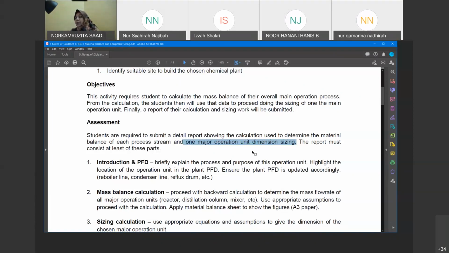Therefore, you introduce the recycle stream, so that most of the product that you're going to recover will be recycled back in the column. Or you can have a reflux. That is another design if you're talking about distillation. Even the reflux ratio is involved in the designing of your column.